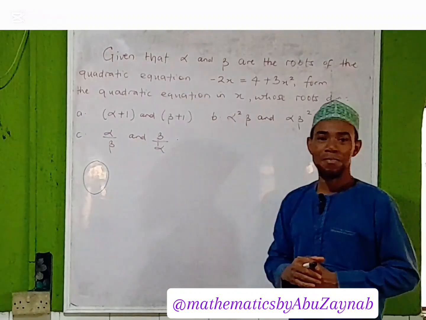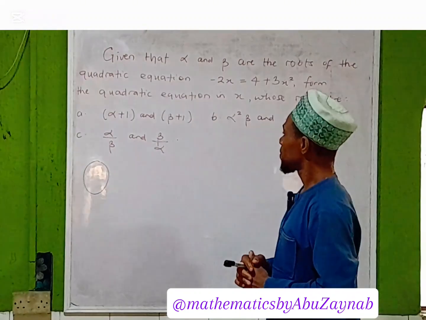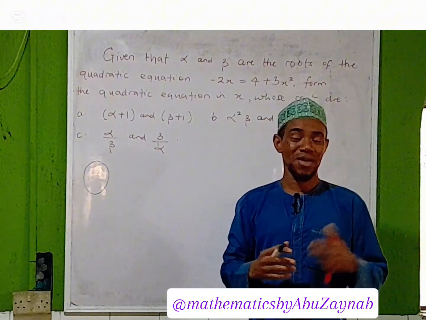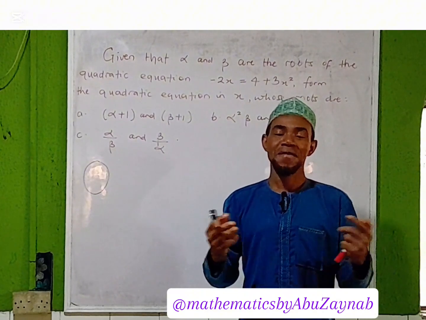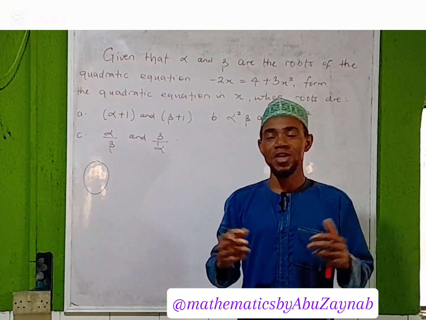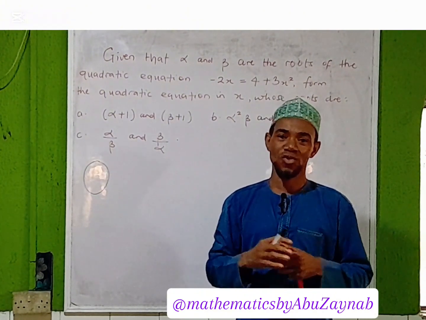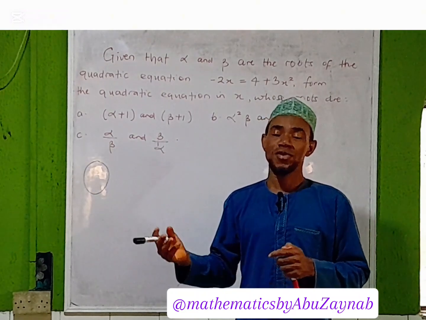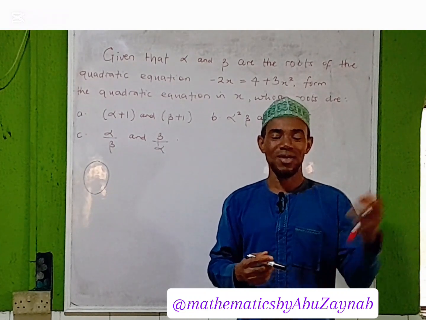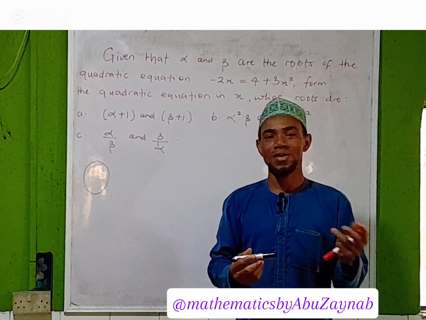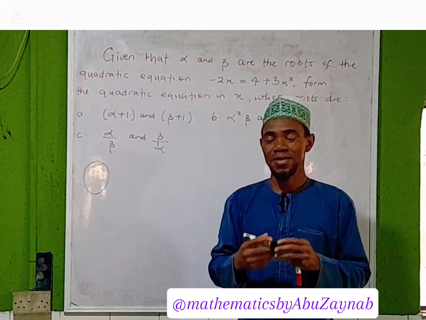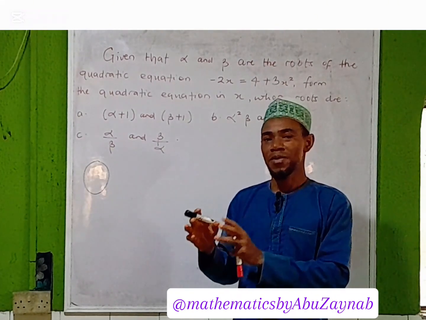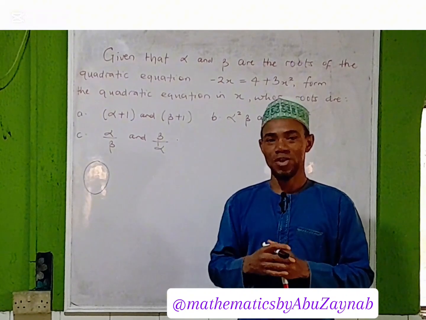This is a follow-up from our previous lessons, precisely the video that talked about forming a new quadratic equation from existing roots. The emphasis on that lesson is that to form a new quadratic equation, if you are given two roots, all you need to do is to insert the sum and the product of the given roots into an established equation, which is x squared minus the sum of the given roots times x plus the product of the given roots equals 0.